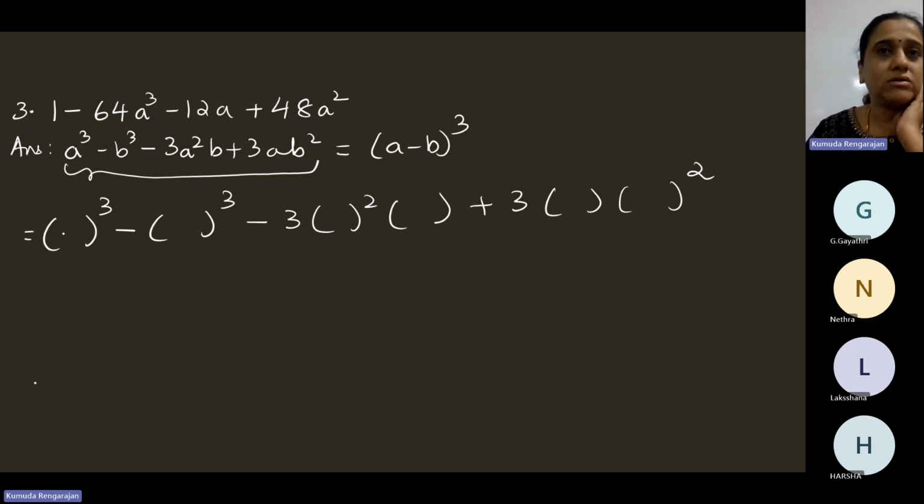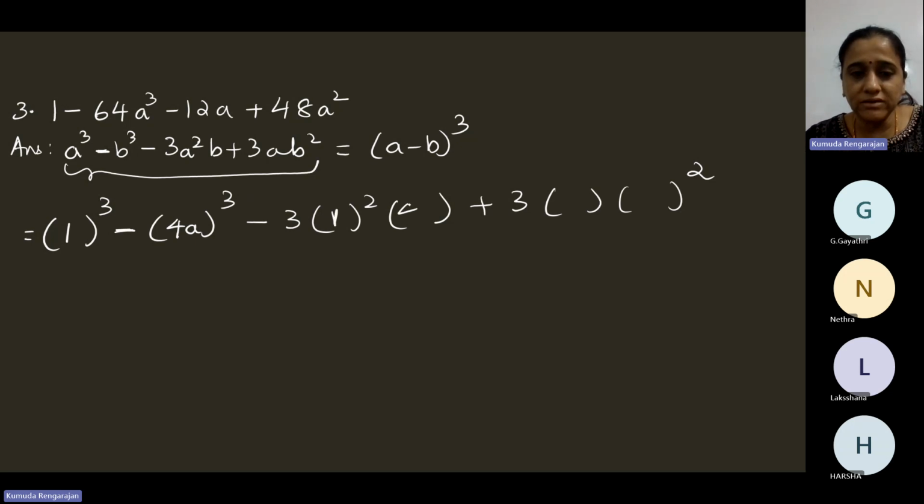So a cubed, 1 cubed. Then 4a. Now the sign is perfect, no? Because 1 cubed is 1, and then already it's minus from the identity, it's minus b cubed. So minus 64a cubed. It's correct. Then minus 3, what should you fill here? A. What's your A? 1.